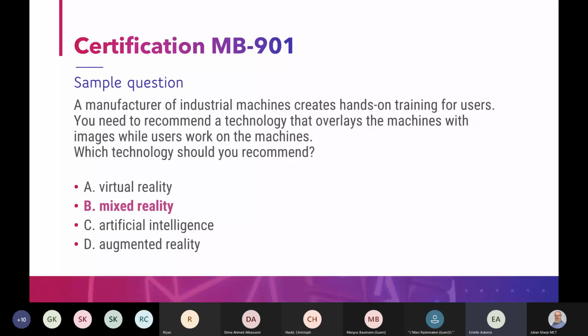So if you're not oriented in the right way to the machine, you won't have the information, and you have that in the Dynamics 365 Guides or Assist. That's the module which uses mixed reality.